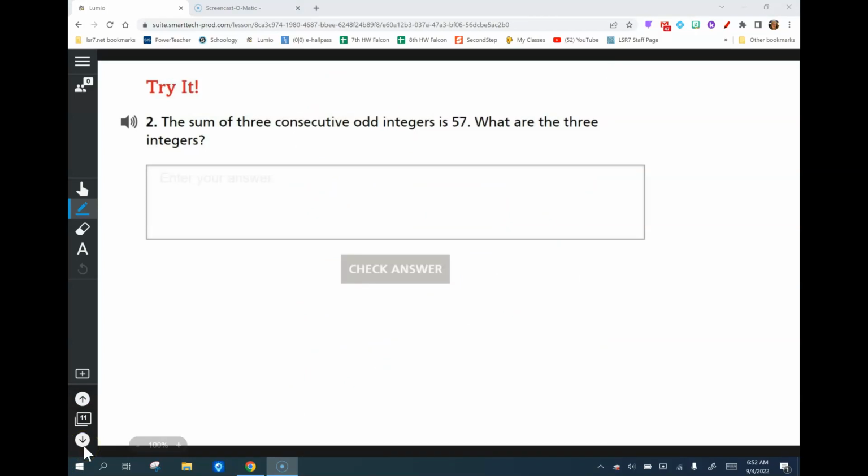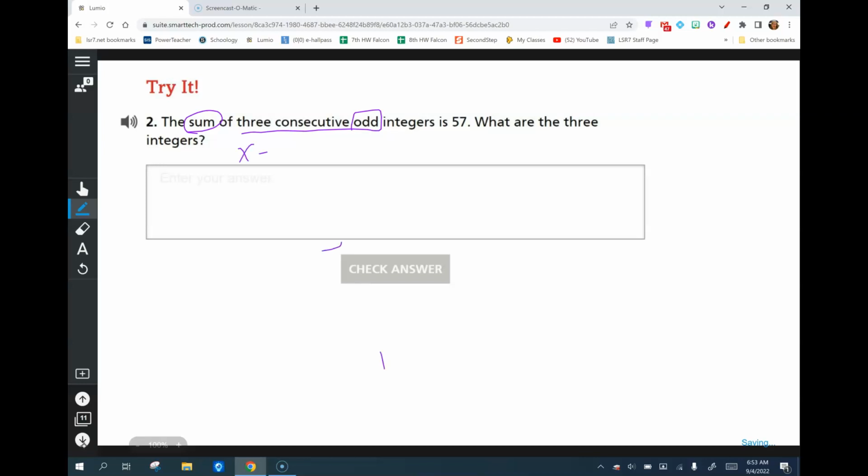In your workbook, you have this problem, and so we're going to do this one. And notice again, we're going to do a sum, and we're looking at 3 consecutive odd integers. So the first thing we're going to do is describe those.